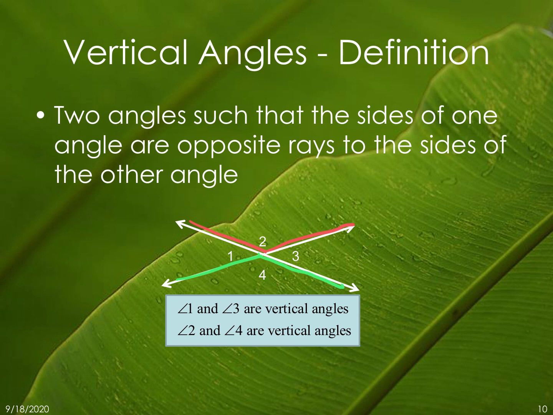So in this picture, angle 2 is vertical to 4, and also angle 1 is vertical to 3. What we're going to see on the next slide is about their measurement, the theorem. So the definition tells us how they're formed. Know the difference between the definition and the theorem.